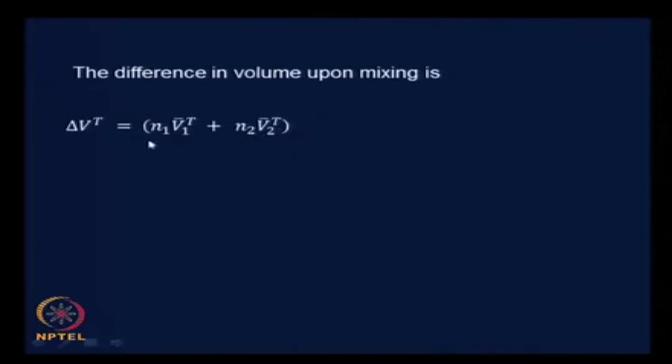Therefore the volume after mixing is N1 V1 hat plus N2 V2 hat, minus the volume before mixing, which for each pure component is N1 moles of pure component 1, therefore N1 times the molar volume of 1, V1, gives you the volume of 1, and N2 times V2 gives you the volume of the second component. Therefore this minus this is quite obviously the difference in volume upon mixing.